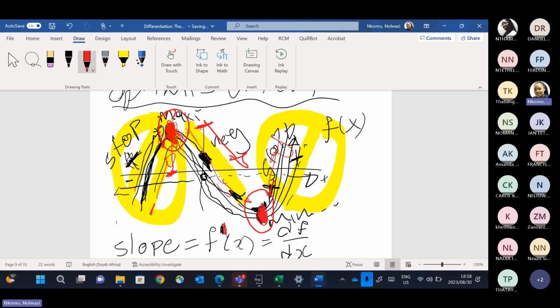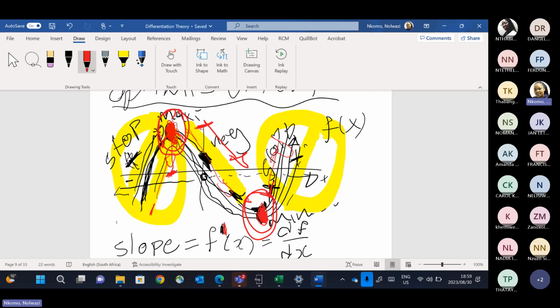And we said to find this part and this part, we first find the first derivative, we equate to 0. We take that point and substitute back to the original equation to determine the corresponding value of that point.